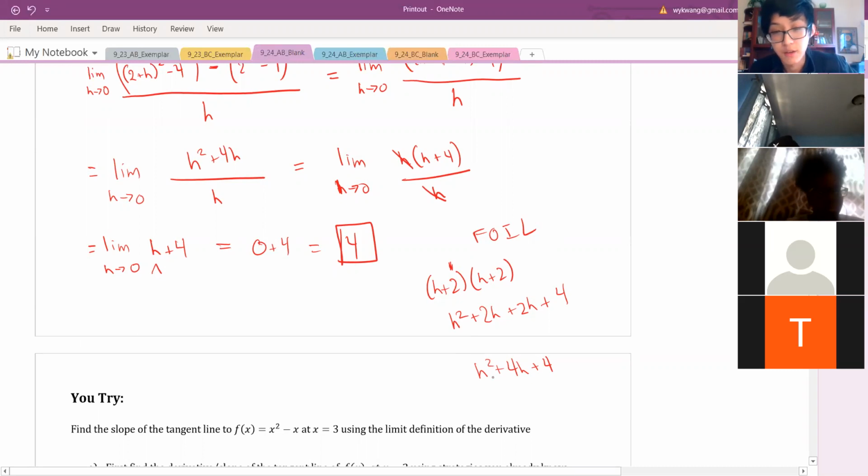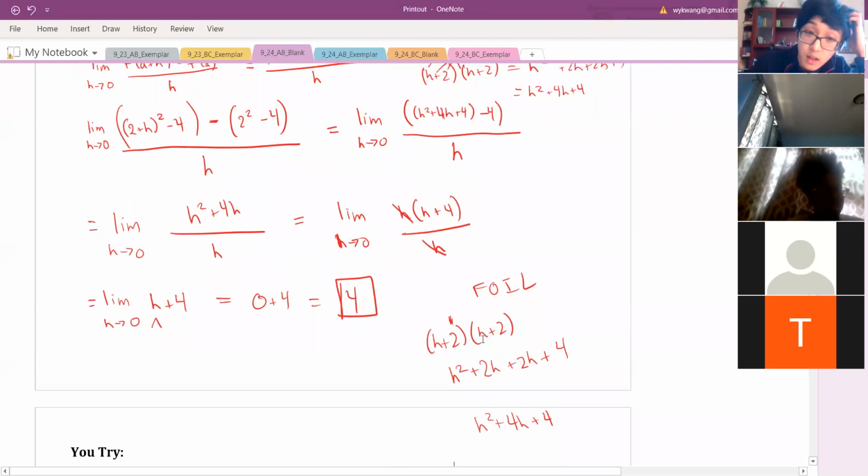If I asked you to factor this, I would say it's h plus 2 times h plus 2. But I'm now doing the opposite of that. I'm just multiplying it back out, going back to this long form.